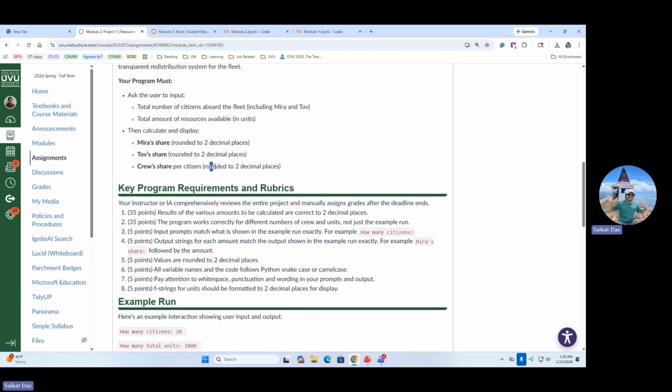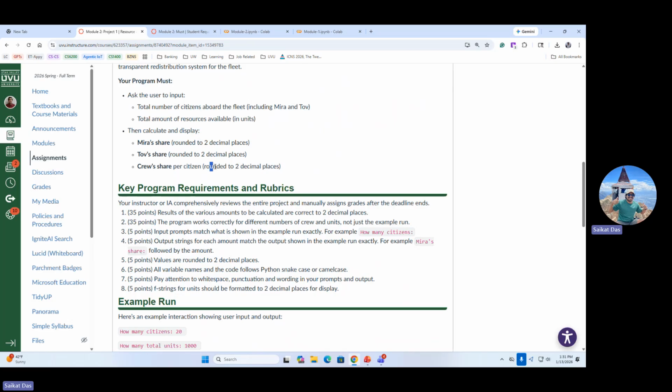Crew share, round it. That means only those 3 places.